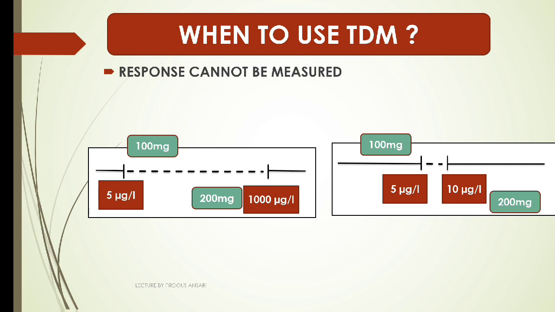But there are chances that the plasma concentration may go more than 10 microgram per liter, which is likely to produce a toxic action. So we cannot judge how much dose should be given to maintain the concentration of the drug in the therapeutic index.